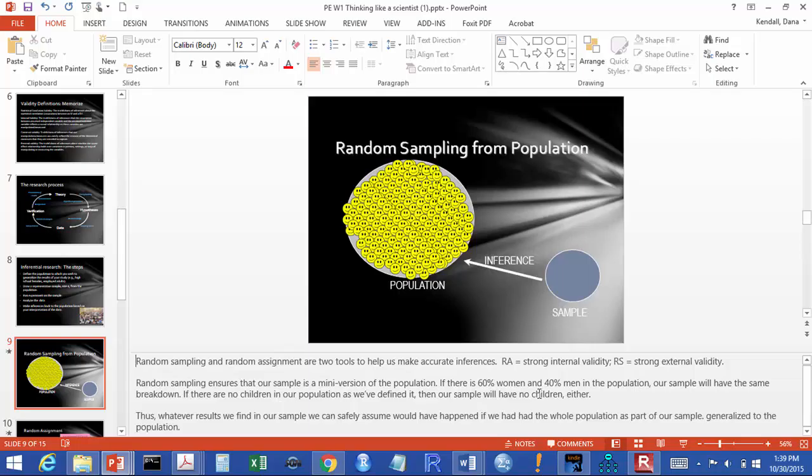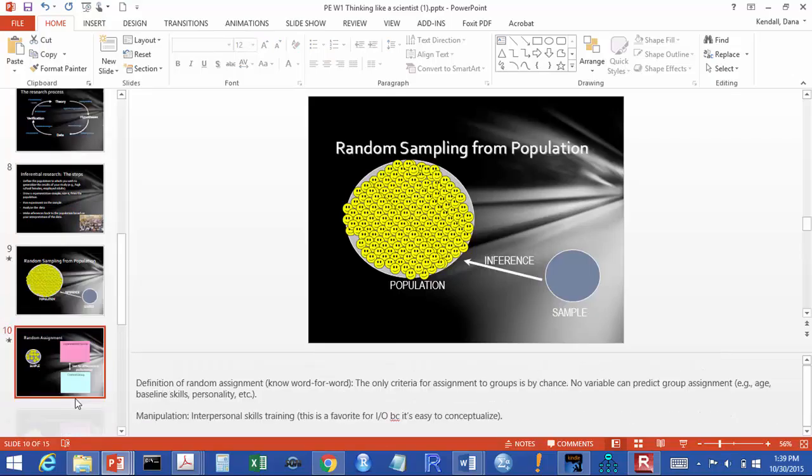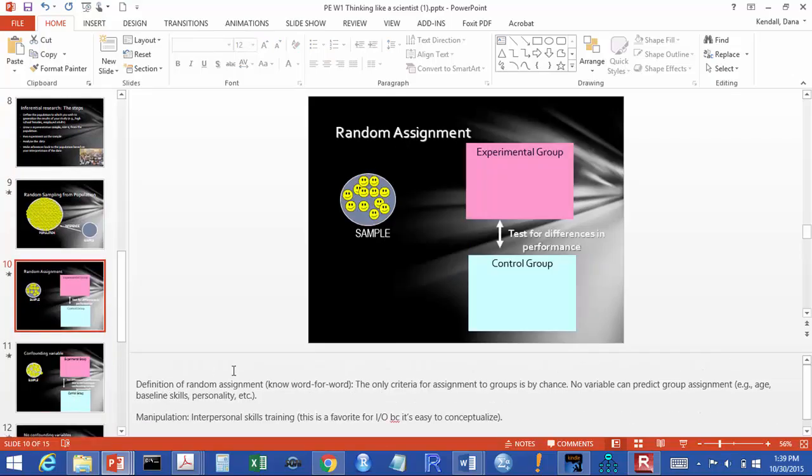Okay, so random sampling ensures external validity. Random assignment ensures internal validity. The definition of random assignment is that the only criteria for assignment to groups from the sample into the experimental group and into your control group is by chance.